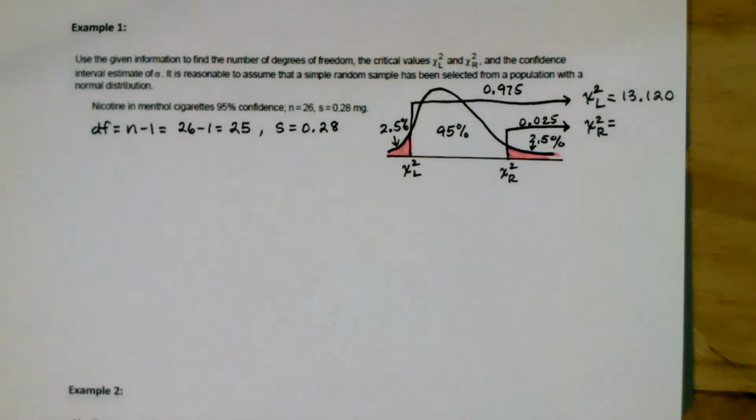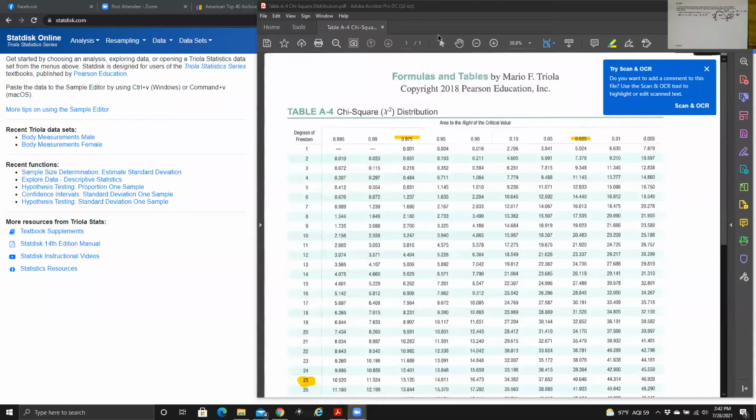Now for the chi-square value on the right, if I go back to that table, all right, if you read across on the line where it says 25 degrees of freedom and the column for 0.025, you'll see this will be your other critical value.